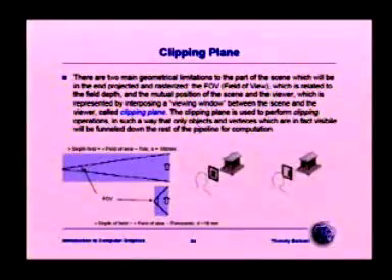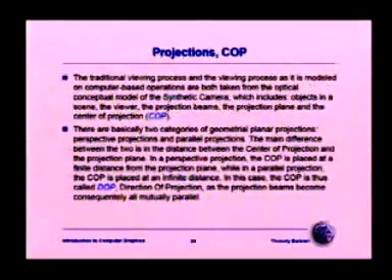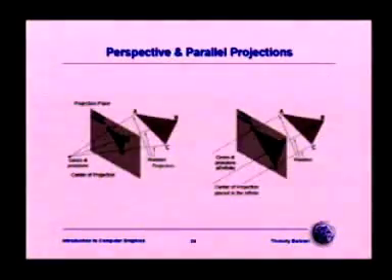This is one. As I told you, this is important because it determines if you are seeing just one specific part of your image or you can see a wider area. And you need to know if you are projecting using a perspective projection or you're projecting using a parallel projection.